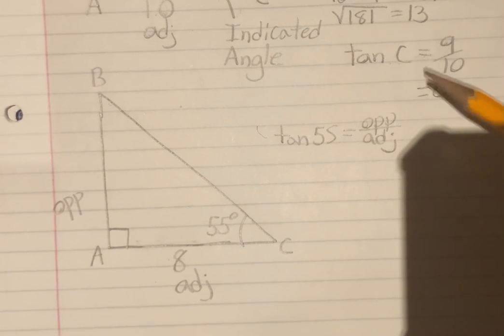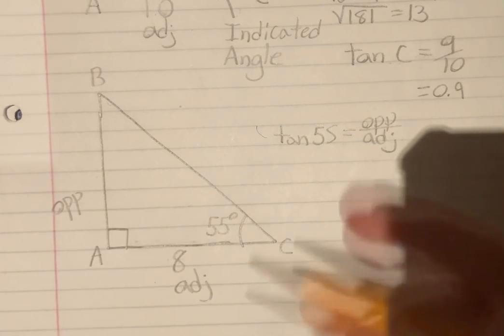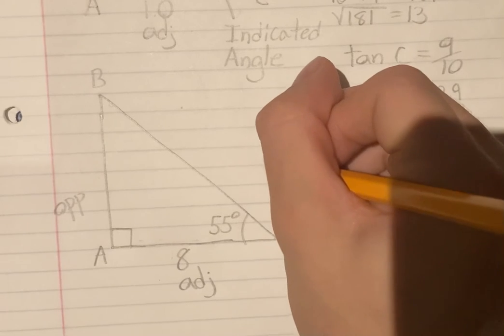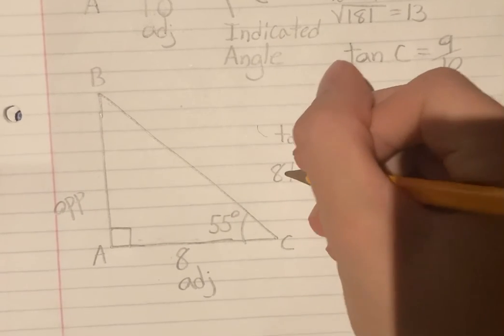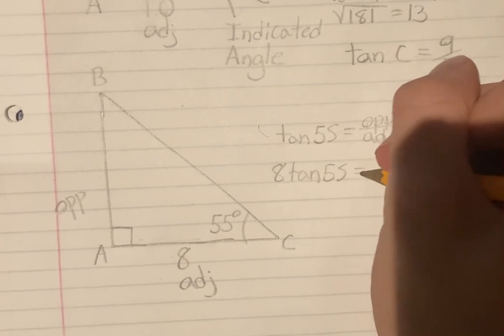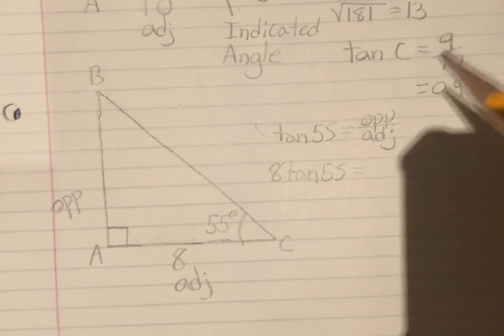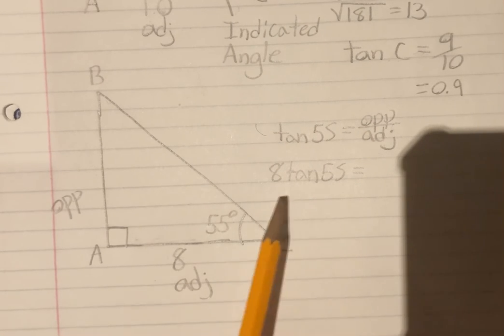Now what we could do is multiply both sides, go through the whole thing, but I just like to think that when you have the bottom number, you just put it in front of tangent, and you go 8 times tangent 55. Of course, you could multiply by both sides, etc., but this is how I do my math.